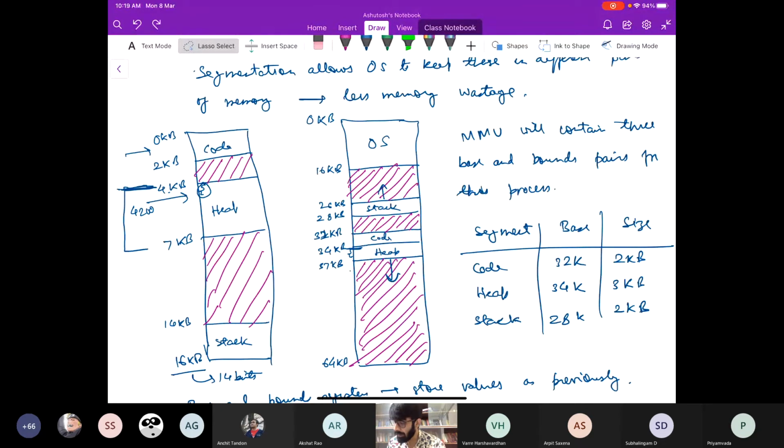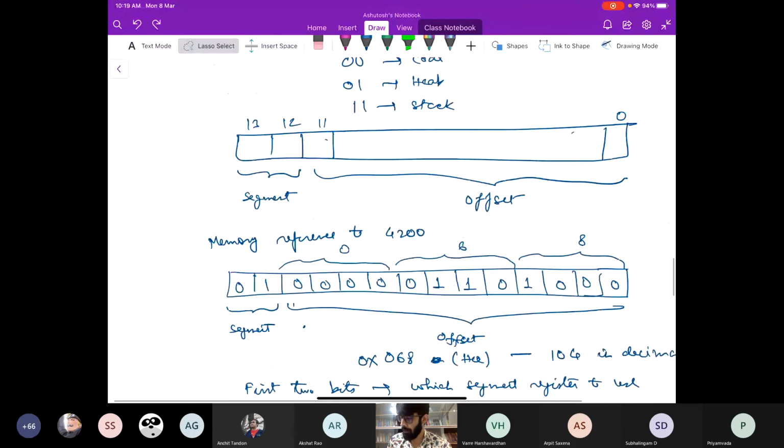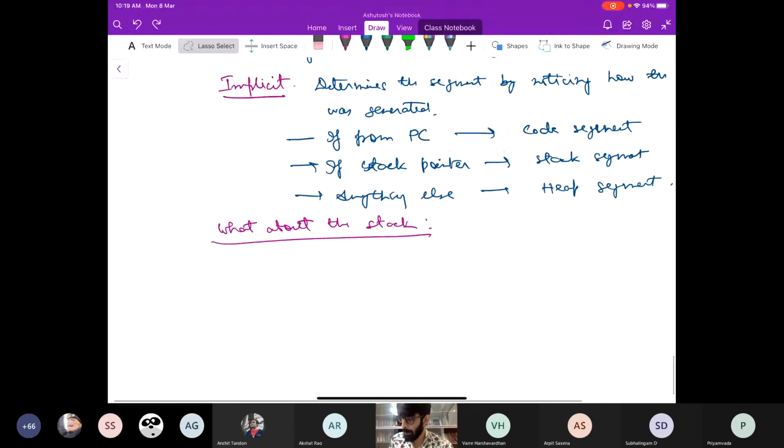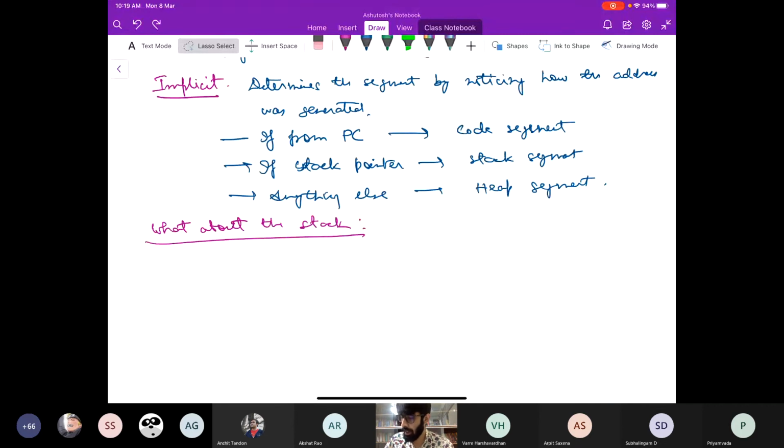So here we see that the stack starts at 28 KB and grows backward, right? So what about the stack? The problem is that it grows backwards. It grows to 26 KB, this is in physical memory.